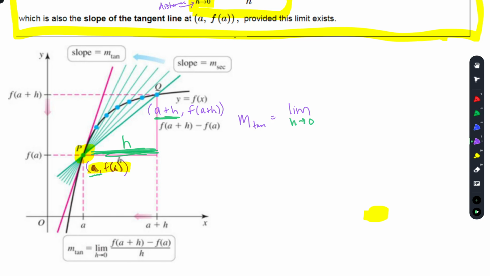So then the way you set that up is you would do the other point, f of a plus h minus f of a. And then, like I said, you could write it just like our normal slope formula. But what I'm saying is the a's cancel, so why waste your time?